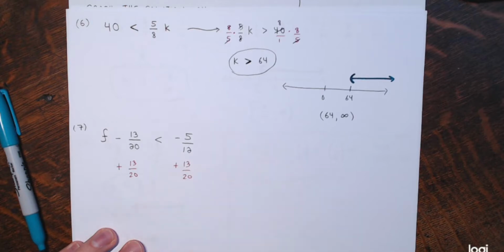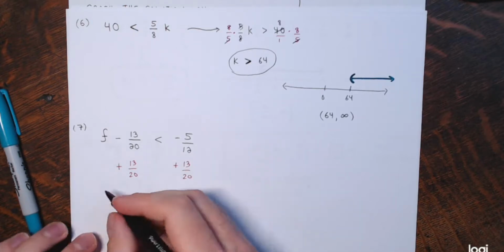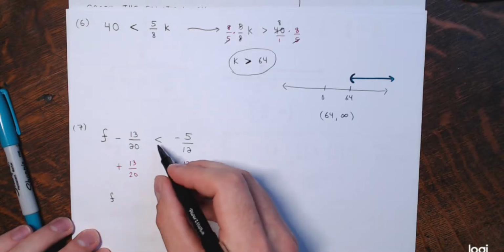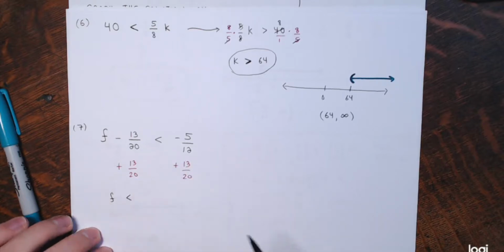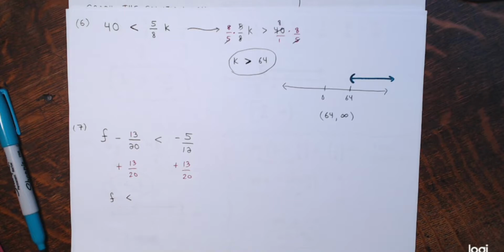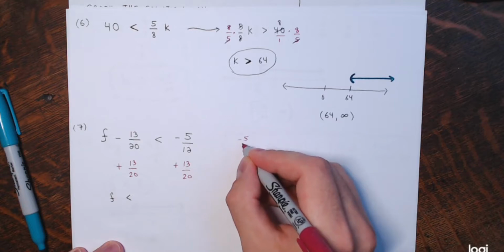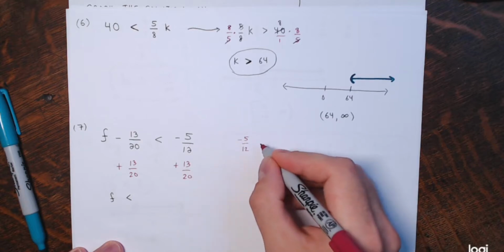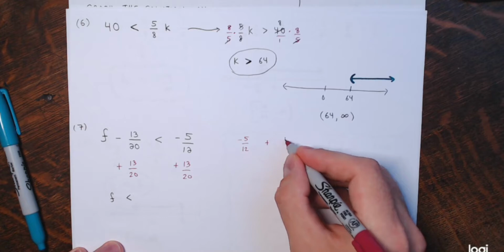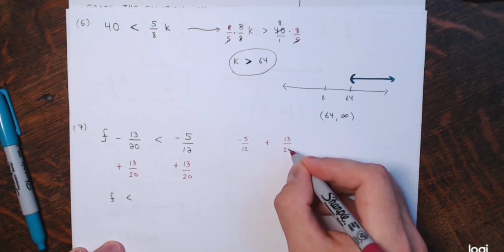Right. So on the left side I have f, is less than, because I was only adding and subtracting. Adding and subtracting doesn't change the symbol. And then off to the side here we have negative 5/12 plus 13/20. And remember, I've said this several times now.